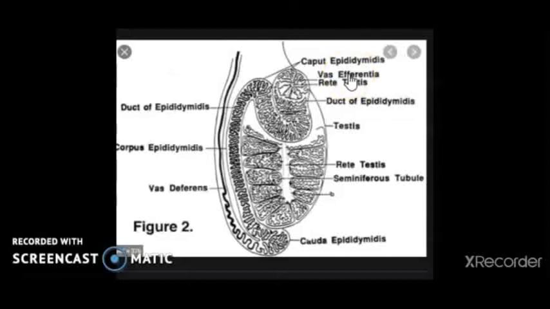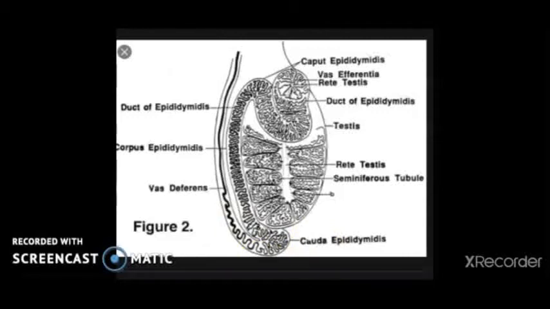They carry the sperms from the testes and open into the epididymis. This epididymis is a long and highly coiled tube which is differentiated into the upper caput, the middle corpus, and the lower one called the cauda epididymis.